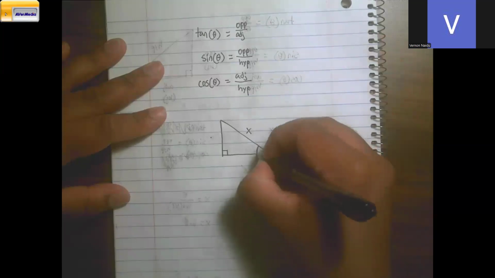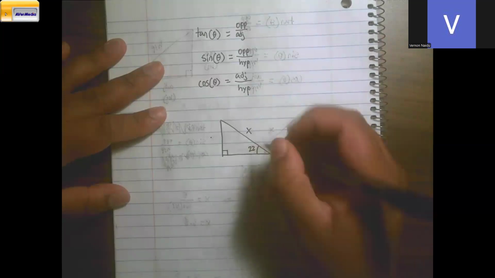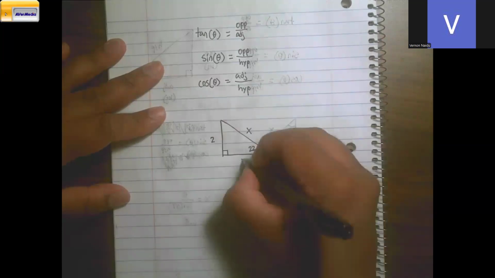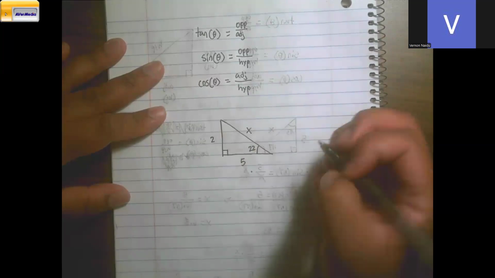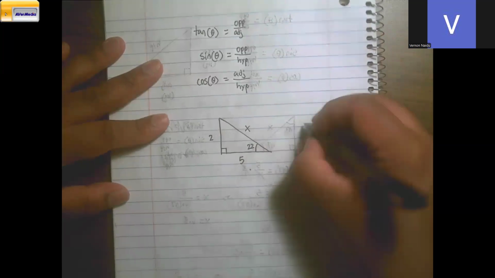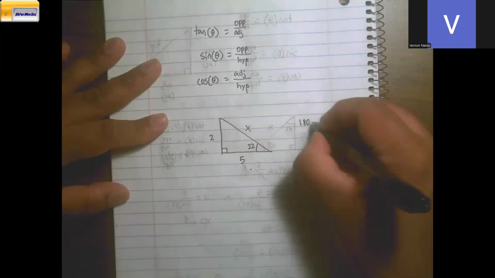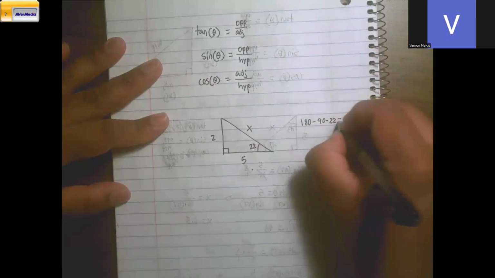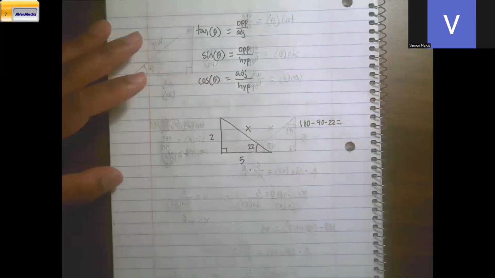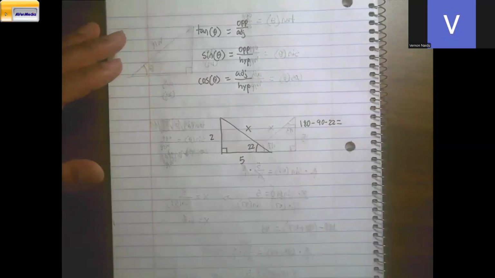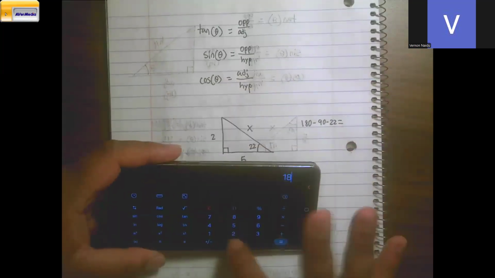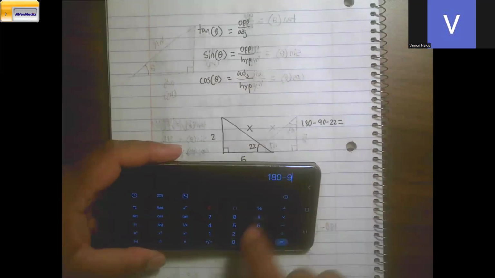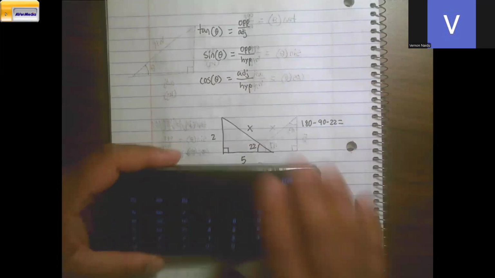I'll do 22 over here, and we'll do 2 and 5. And because 22 is over here, we can quickly solve. So that's 180 minus 90 minus 22. So it gives us 68.